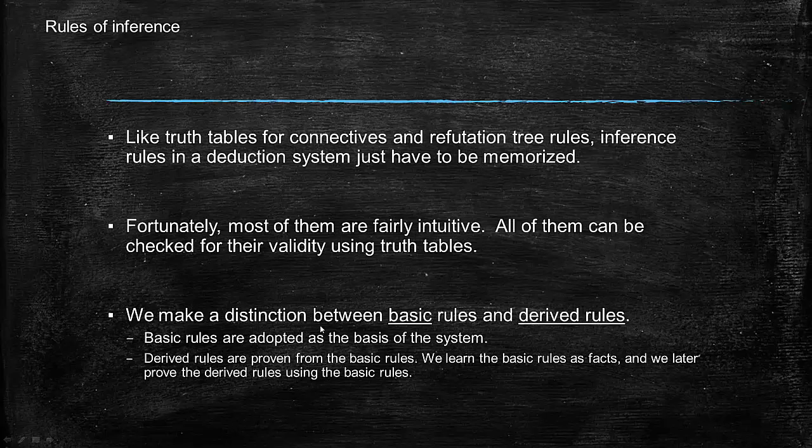The basic rules are the ones we're going to be learning right off. The derived rules we actually prove using the basic rules. So we learn the basic rules kind of as facts, like your math facts, these are the logic facts. And then we later prove the derived rules using the basic rules. You don't have to actually accept the basic rules just as facts, though, because you can show that they're valid, either using refutation trees or truth tables.